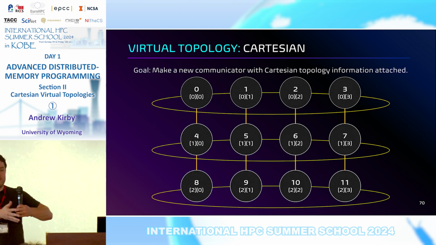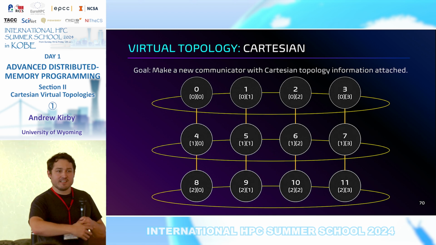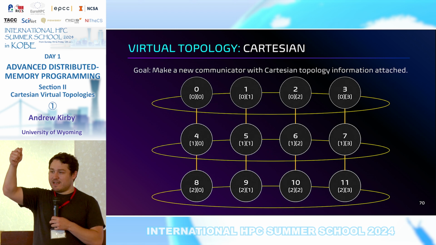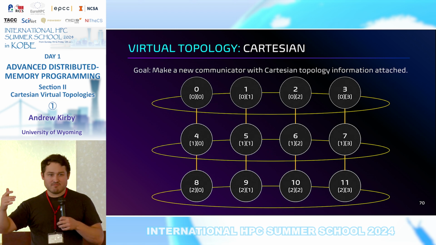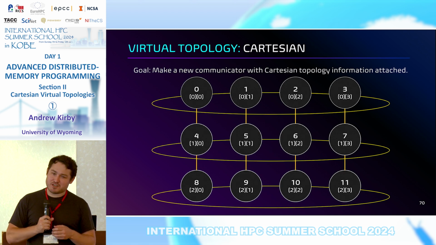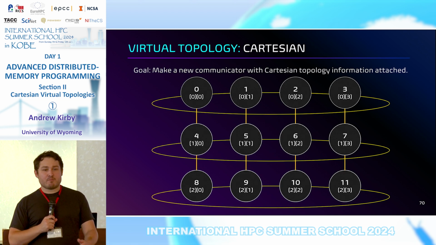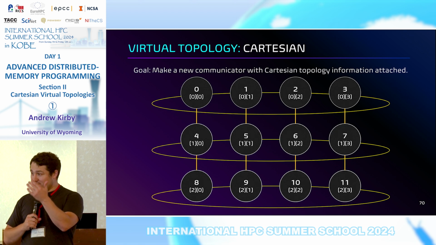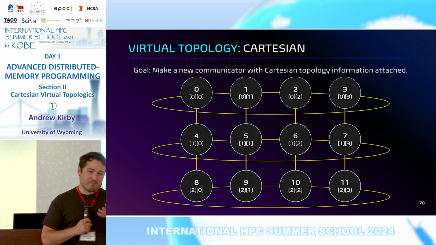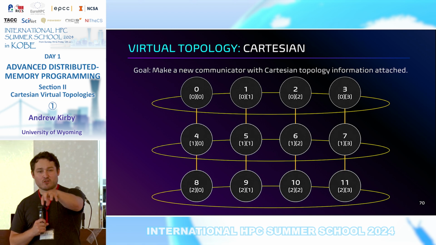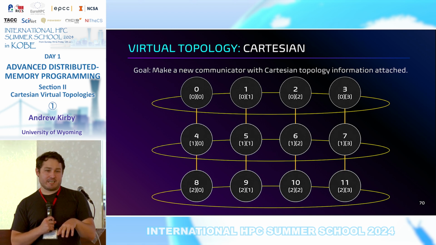If each one of you is a processing element, inside of COMM world, you all have a unique rank ID, 0 through 45 or so. But if you know you're only going to communicate with people at your table, it might be beneficial to make your own local sub-communicator.